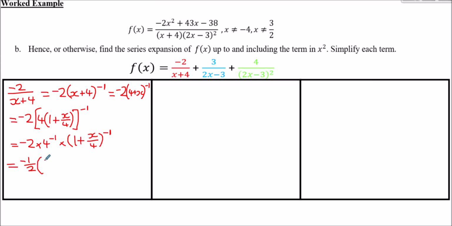So the first term is going to be 1. Then plus the power multiplied by this thing here. So plus minus 1 times x over 4, then minus 1 times minus 2, all over 2 factorial, multiplied by this thing here, squared.